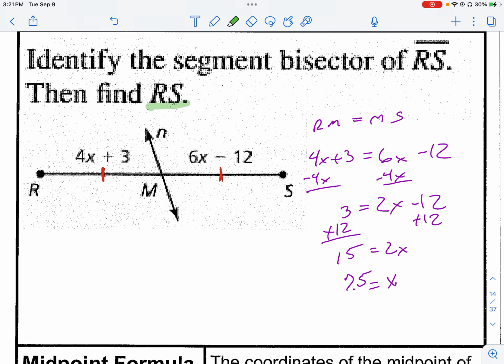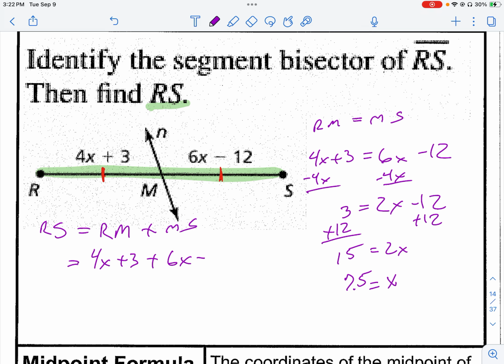This time we want to find RS, which is the whole thing. So RS equals our segment addition postulate, or RM plus MS. So we got 4x plus 3 plus 6x minus 12. This time I am going to combine like terms before I do anything else.